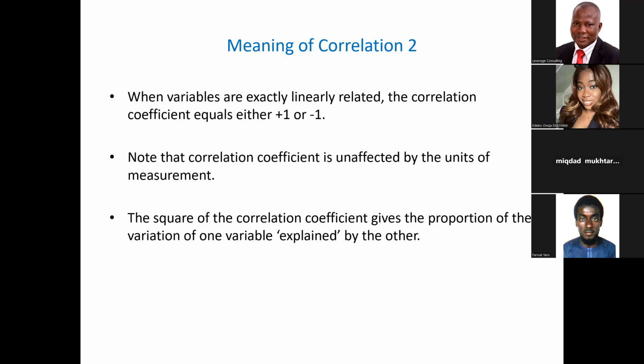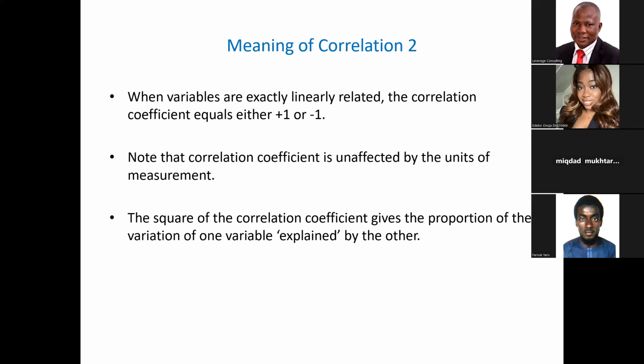So when variables are exactly linearly related, the correlation coefficient equals either +1 or -1. The plus or minus has to do with the direction, whether it's a positive correlation or negative correlation. But here we are now talking about the strength of association.